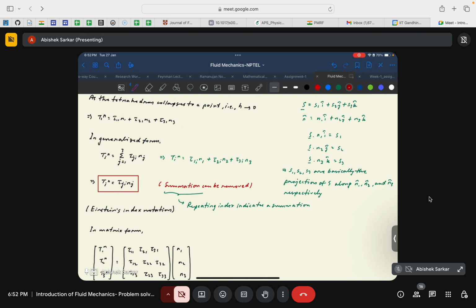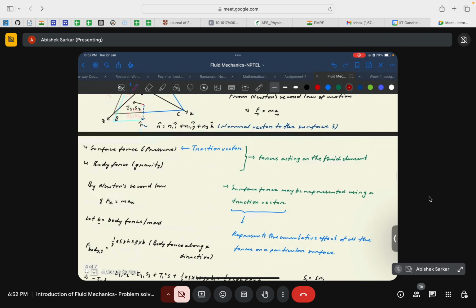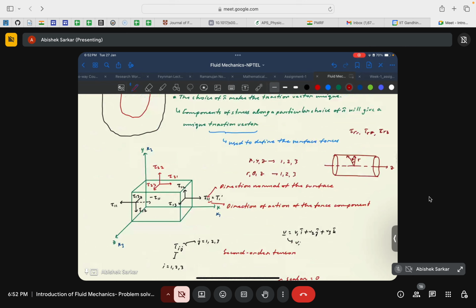I'm not able to derive it now, but maybe we can discuss it in the next class. It will be along similar lines: we draw the cylindrical fluid element and carry out the similar analysis. It will be quite extensive, so is it alright if we discuss it in the next class, if required? Okay, thank you.